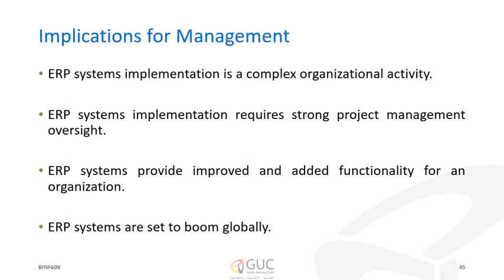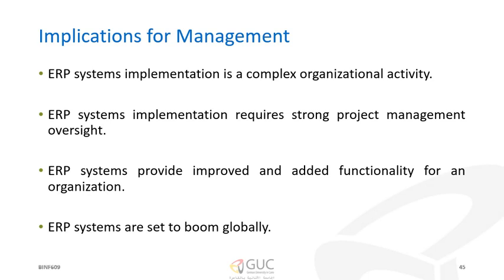Managers implementing ERP systems in their companies should remember that ERP system implementation is a complex organizational activity, so it's important to evaluate and learn from the successes and failures, and to manage risk by keeping project focus and clear communication throughout the organization. ERP system implementation requires strong project management oversight and must be continually evaluated for project status, effectiveness, and risk to all the organization.